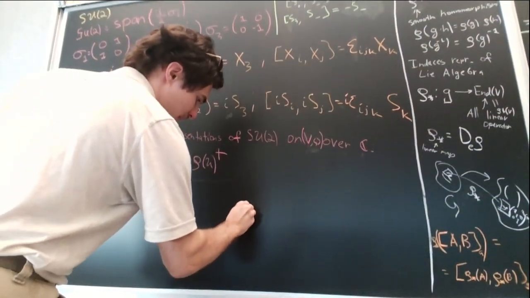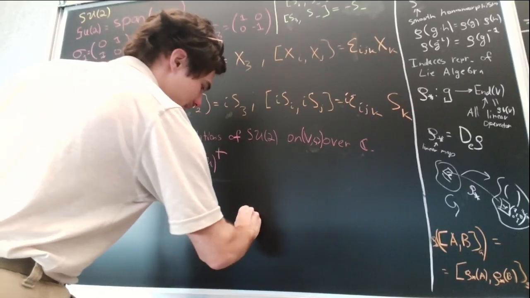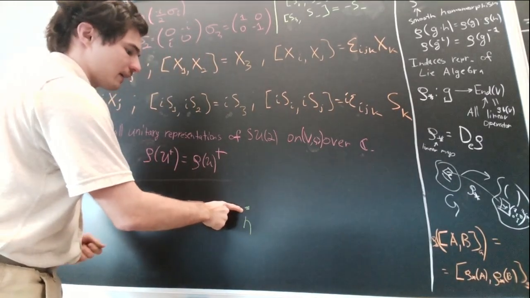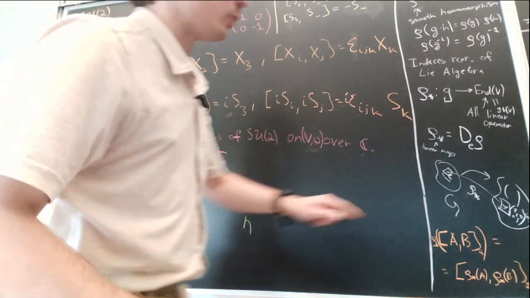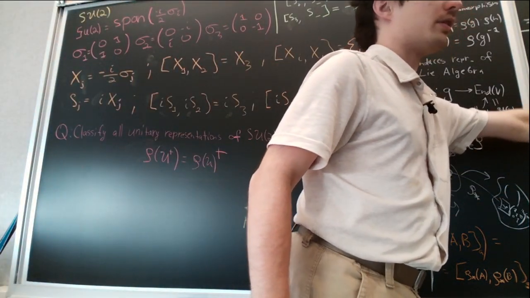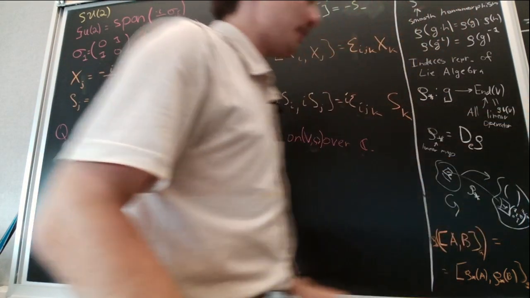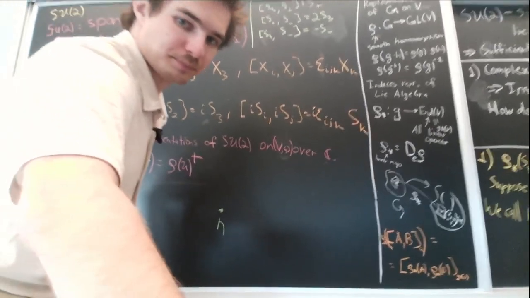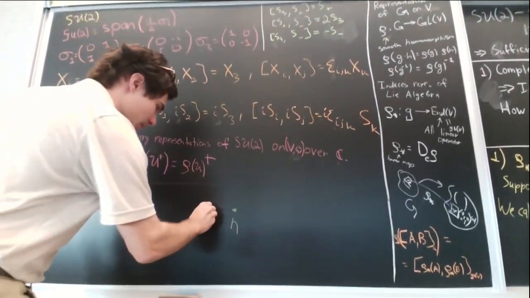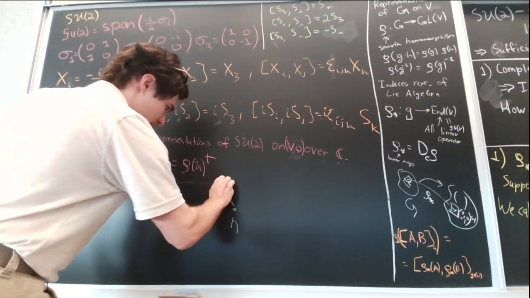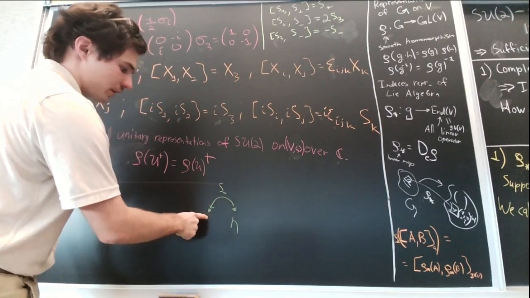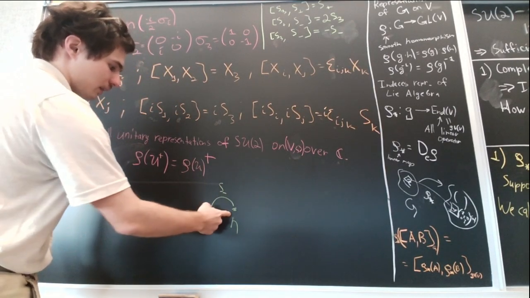And roughly what's happening is, once again, this picture. I have some maximal weight n. So this is some vector that has eigenvalue n over 2 with respect to this operator. And so I can use S minus to lower the weight of this vector.